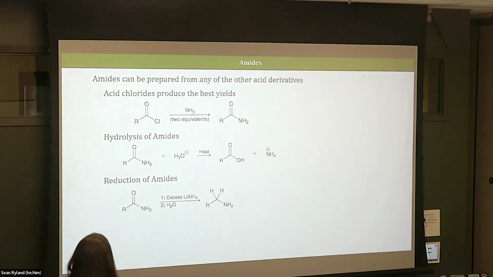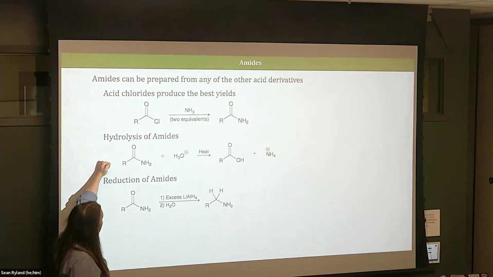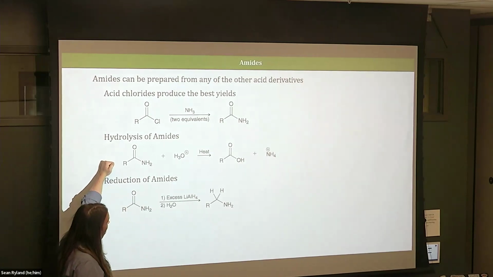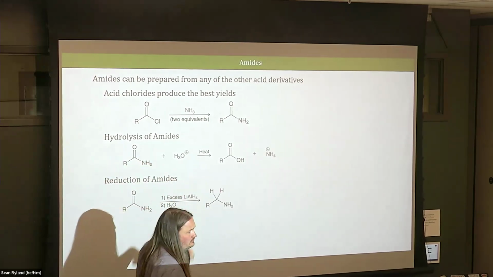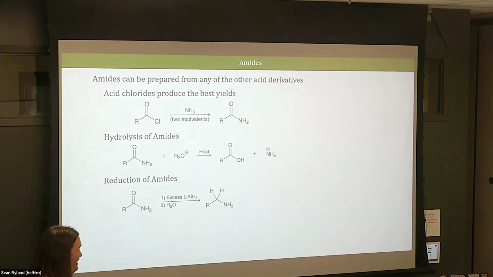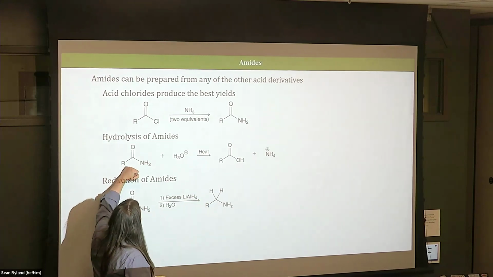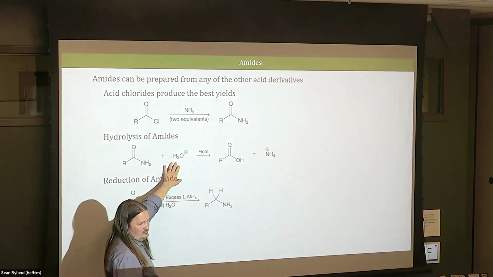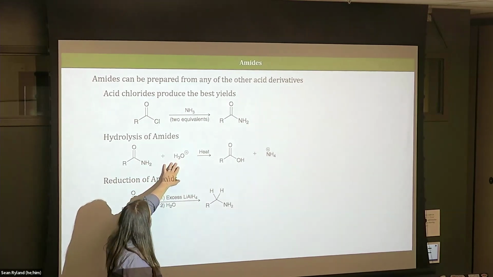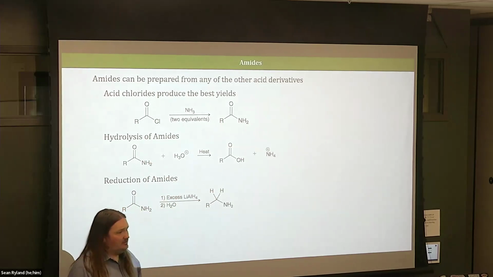However, once you make the amides, you can convert back to the carboxylic acid with acid and heat. Basically that's just leaning on Le Chatelier's principle. If we have a high enough concentration of the acid, of the water, then concentrations are just going to drive us towards the products.